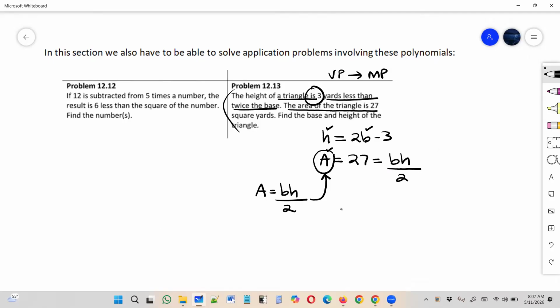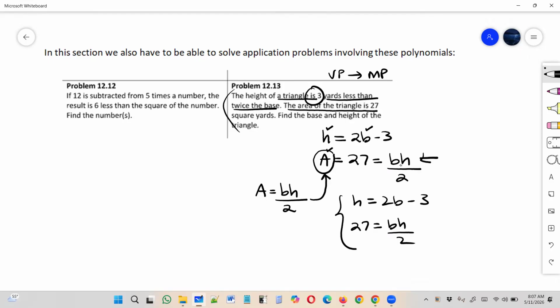So now look what I have to work with. H equals 2b minus 3. And I have that 27 equals bh over 2. Now I'm going to adjust this equation here.